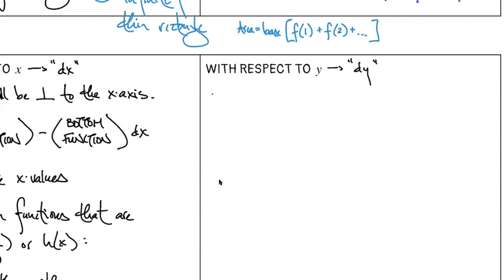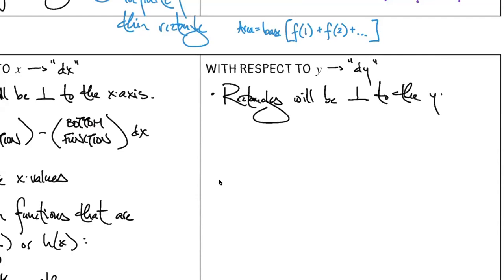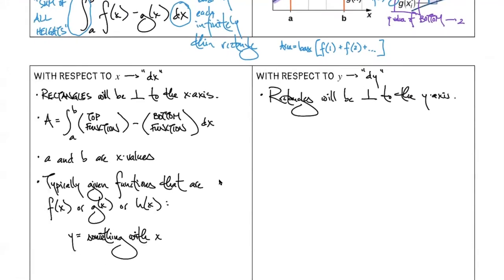And so it might be fairly logical for us to think now that when we draw the rectangles on our diagram, the rectangles will be perpendicular to the y-axis. When we draw the rectangles, they will be horizontal in nature, and they will in fact be perpendicular to that y-axis.